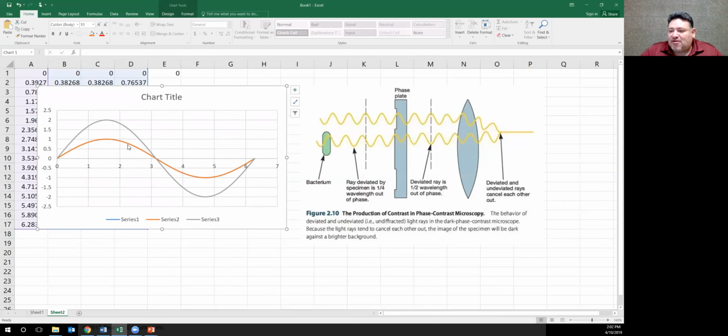And because they're both right on top of each other, we have this sum, which is this gray one, which is really, really large. Well, if you have two waves where the peaks and the troughs are just perfectly aligned, they add to each other to make a higher intensity wave, and you end up with a bright spot in your microscope.